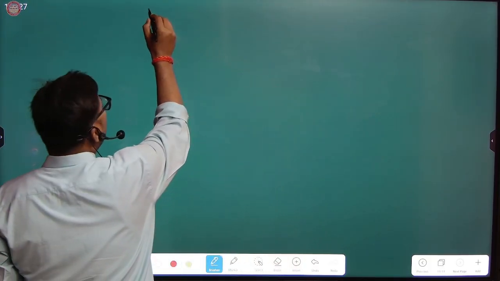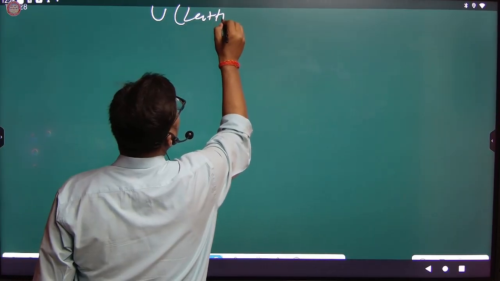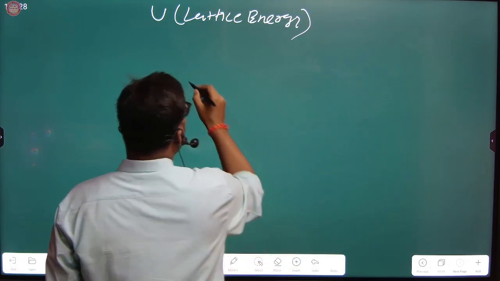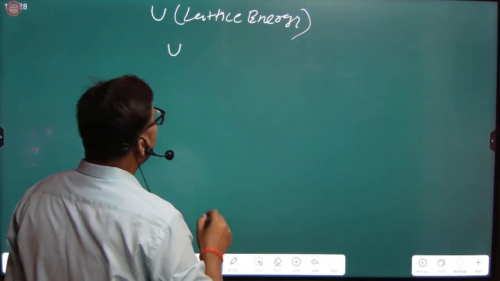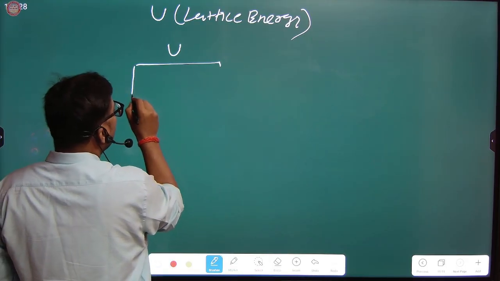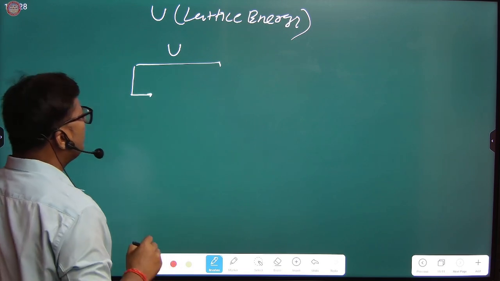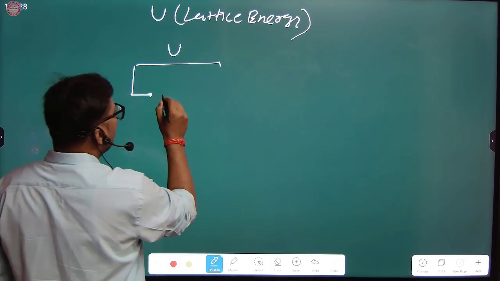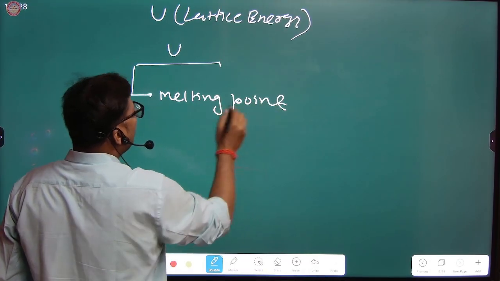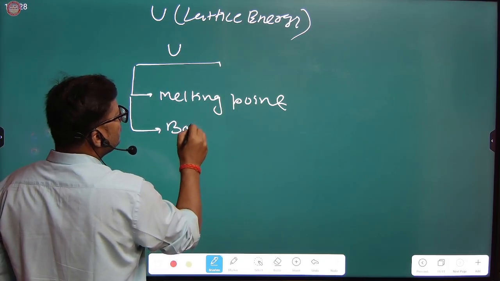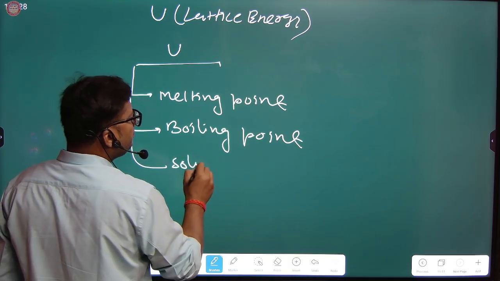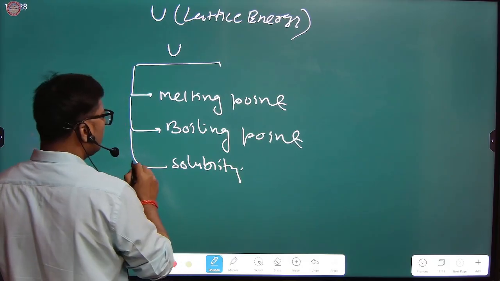This U, that is lattice energy U, has a capacity to explain about melting point, boiling point, solubility, materials design.